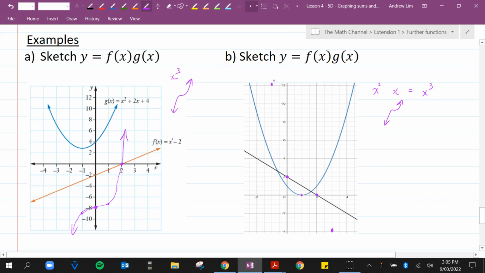Alright, and then here, looks like we've got something positive times something positive is positive. Okay, they're both less than 1, so it's going to be less than 1. Right, two numbers smaller than 1 multiplied together will give us an even smaller number. So it looks like it's going to be like this.